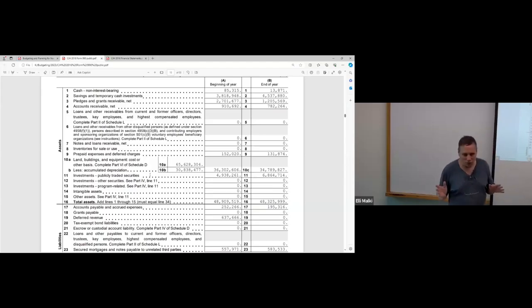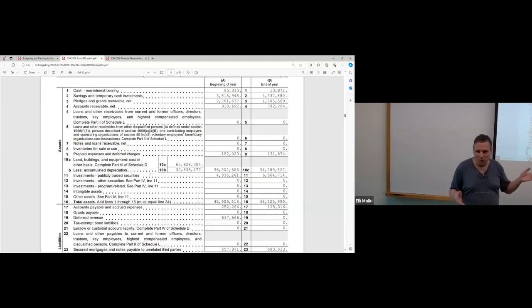Okay? So again, to repeat, the fixed assets are written at cost. The value that we have here in 10A is the historical cost of all the fixed assets that were bought by this organization from the time of its inception. So the $65 million is everything that was bought by this organization.